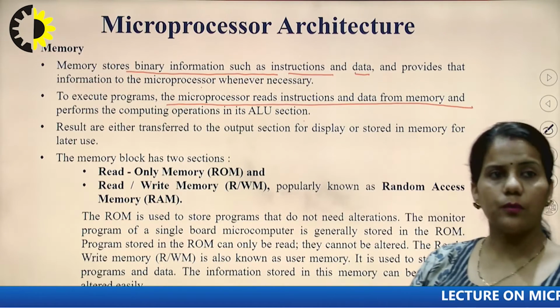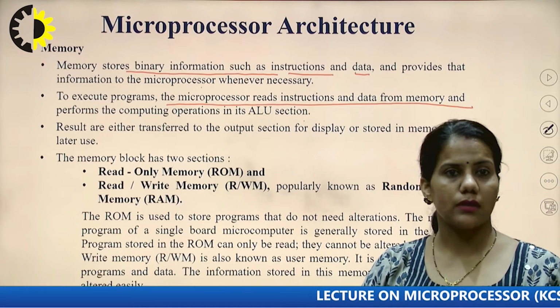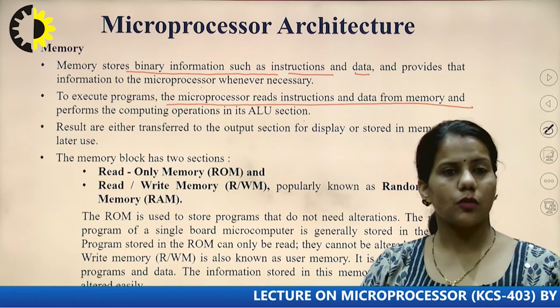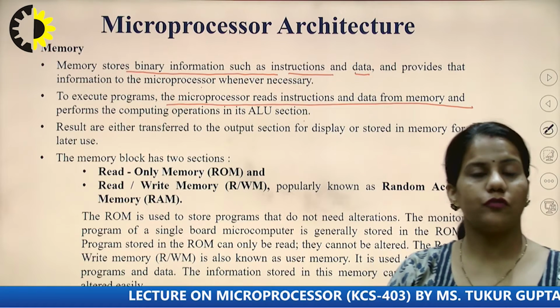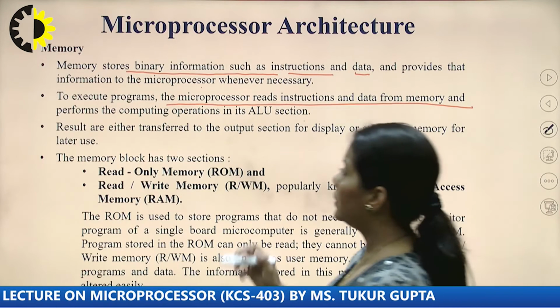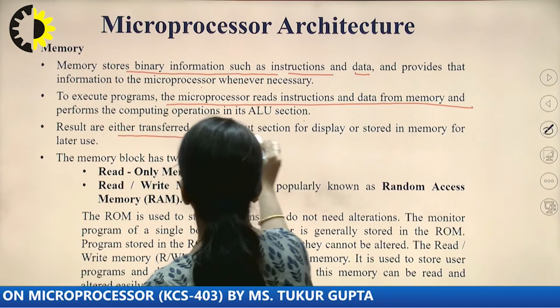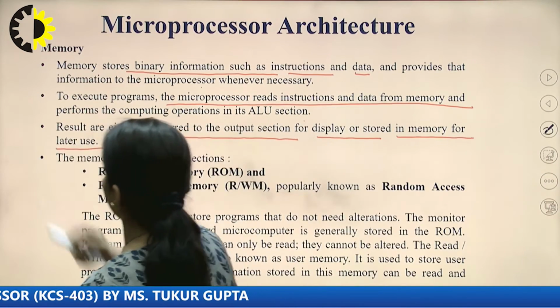This is a very important role of memory, since all the data and the codes are stored in the memory, and the microprocessor reads the instructions and data from the memory and performs the ALU operations on that data. Results are either transferred to the output section for display or stored in the memory for later use.